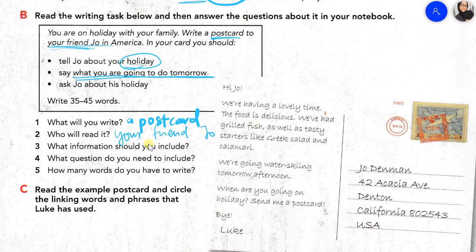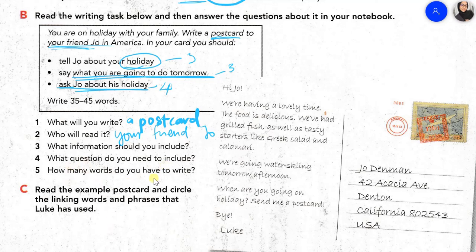These are the information. Okay, the answer for number 3 as well as this. Next, what question do you need to include? You need to ask Joe about his holiday. Okay, so this is the answer for number 4.